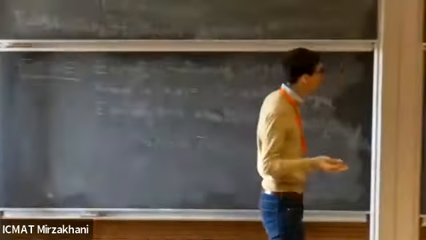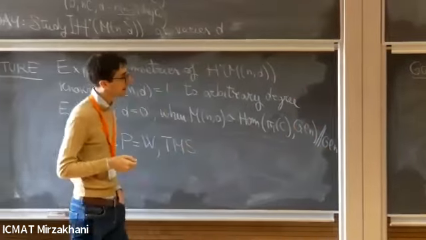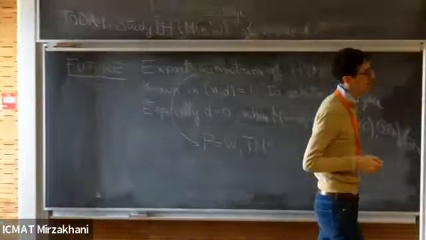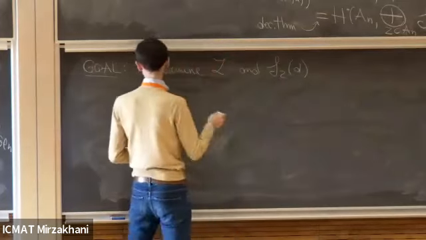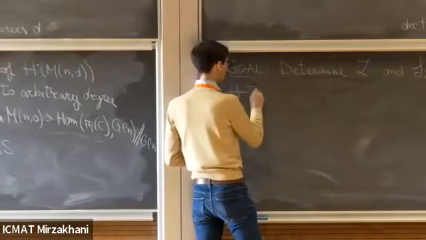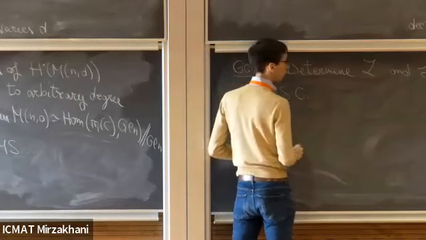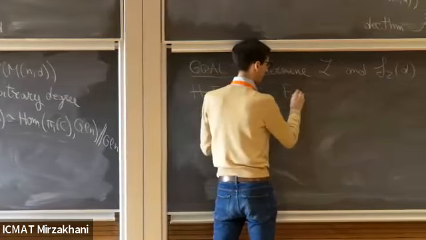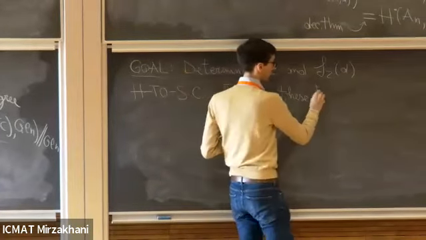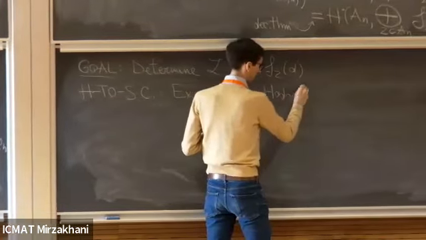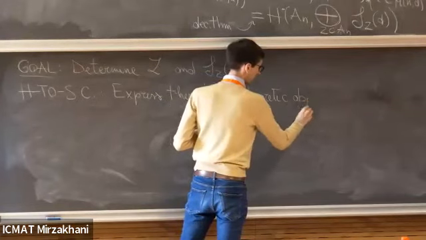So this is actually what the Hodge-to-singular correspondence achieved, and we will see that this summand, so the Hodge-to-singular correspondence is a way to express these Hodge-theoretic objects.